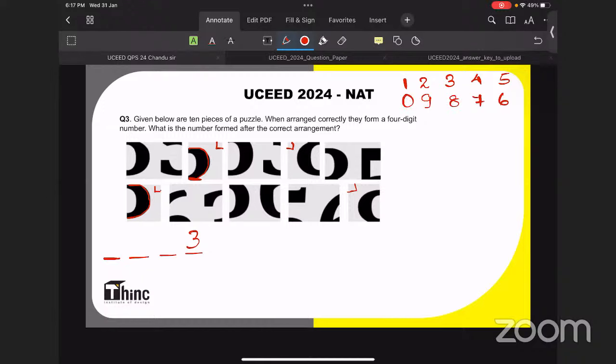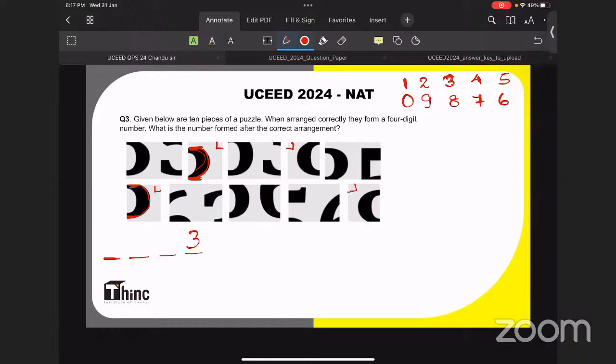In this, I can find that these kinds of things are mainly owned by 3. We could sense that because it is getting connected here, and it is flat over here. So we can guess that it is part of 3. So 3 is fixed. That is the last digit.